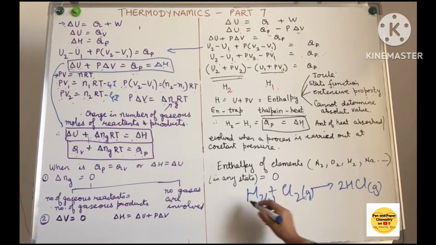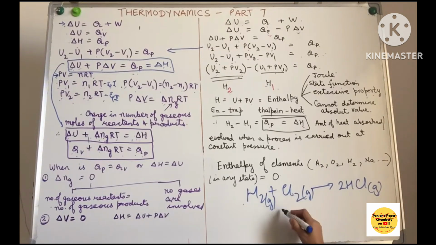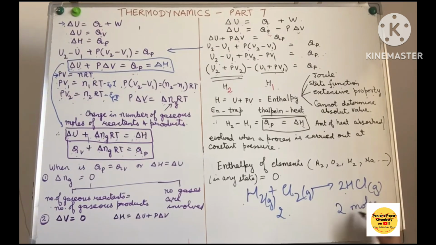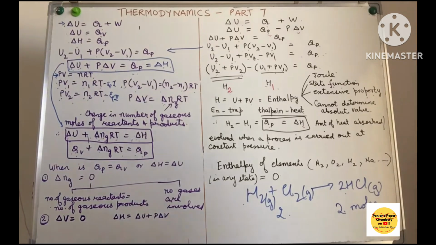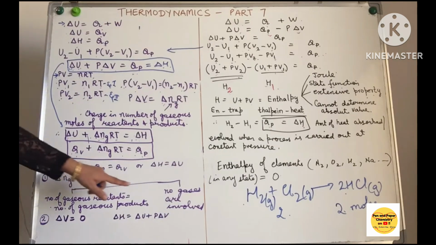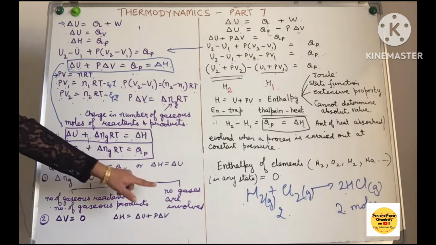We have 1 plus 1, that is 2 moles of gaseous reactants and 2 moles of gaseous products. So 2 minus 2 becomes a 0. So when the number of moles of gaseous reactants is equal to the number of moles of gaseous products, in that case your delta ng becomes 0. So, two possibilities are 1 and 2.